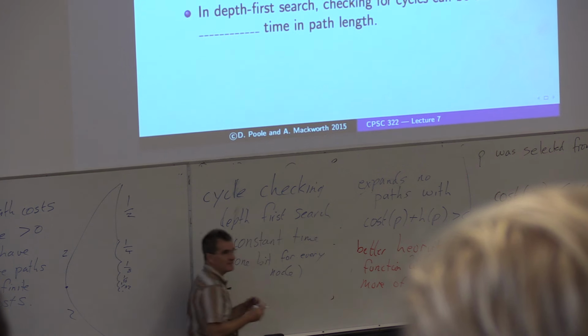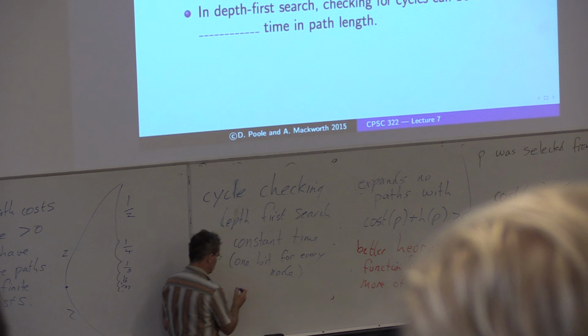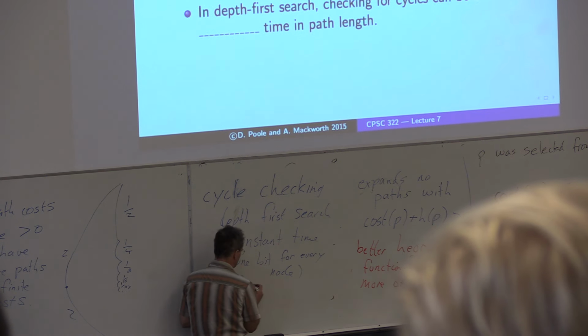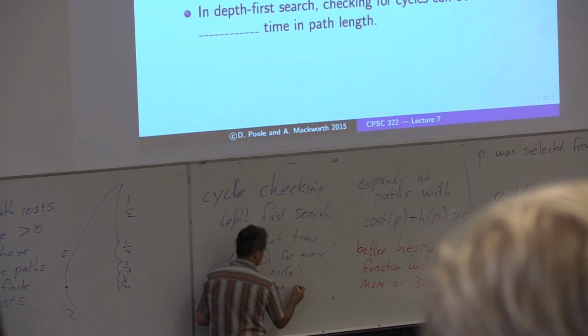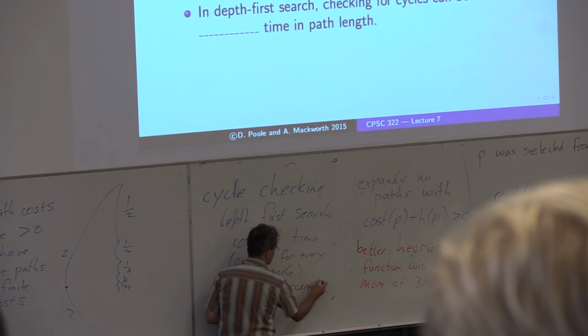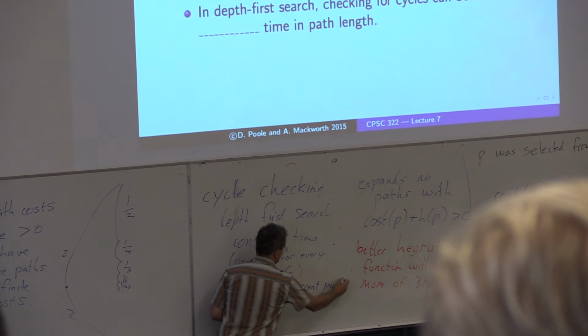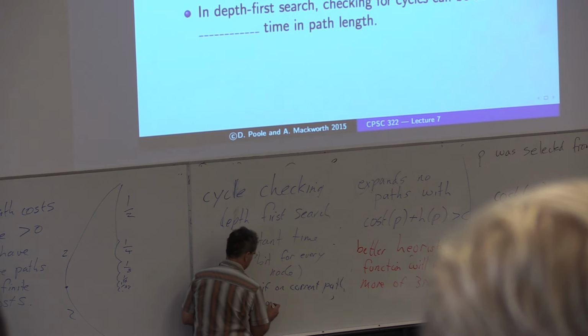This bit specifies whether it is on the current path: it is 1 if it's on the current path, and 0 otherwise.